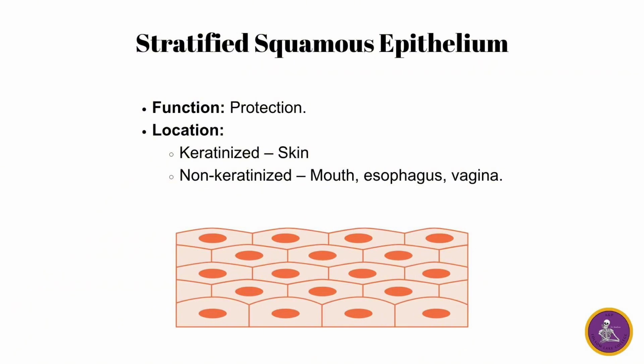This is the type found in skin. In contrast, non-keratinized stratified squamous epithelium lacks this protein and remains moist. It lines the mouth, esophagus, and vagina, where it protects underlying tissues while staying flexible and hydrated.